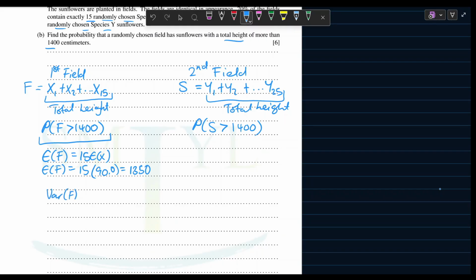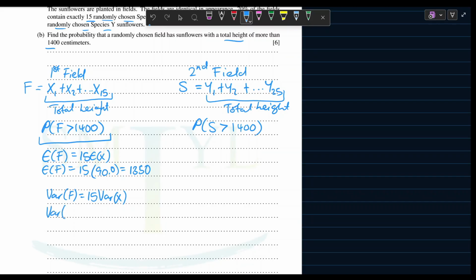And we also need our variance. So the variance of F is, as I mentioned in part A, when we're talking about the difference between a sum and a multiple. So since we have identified that this is a sum, because these are independent observations of the same random variable, instead of saying 15 squared times the variance of X, we're going to say just 15 times the variance of X. That's how you calculate the variance of a sum, right?